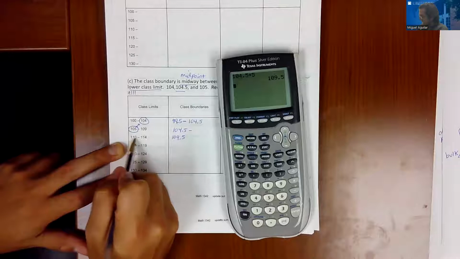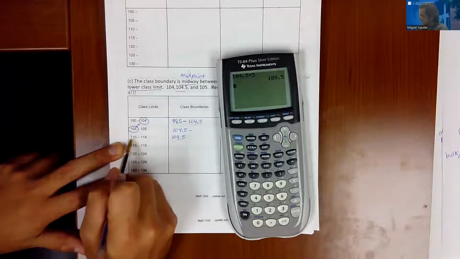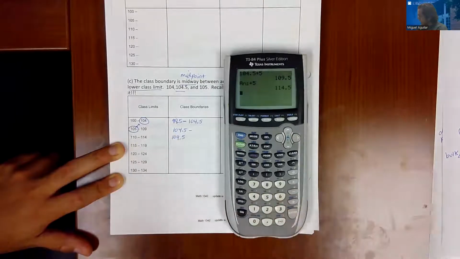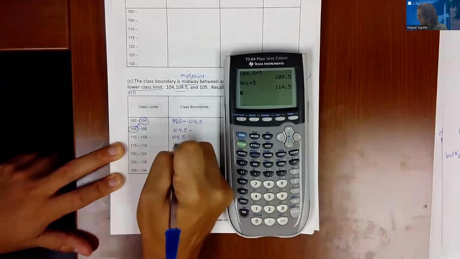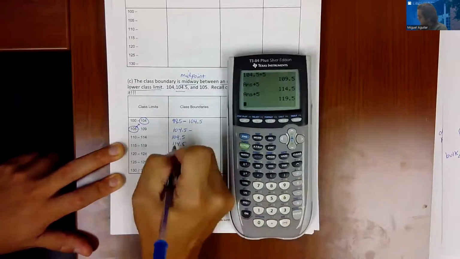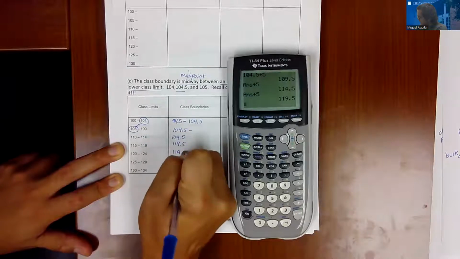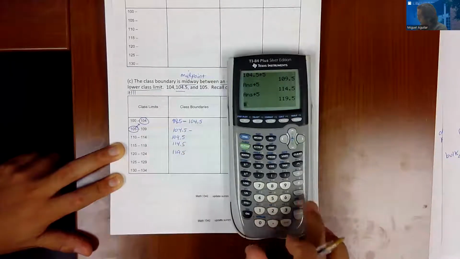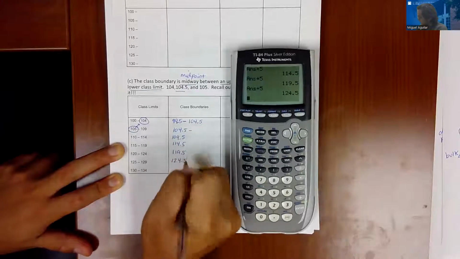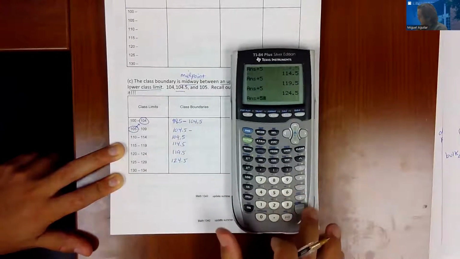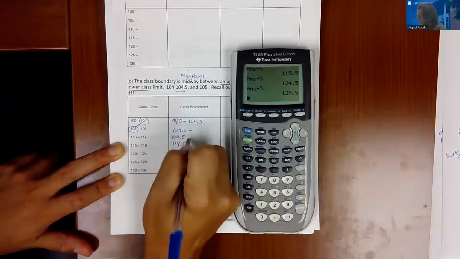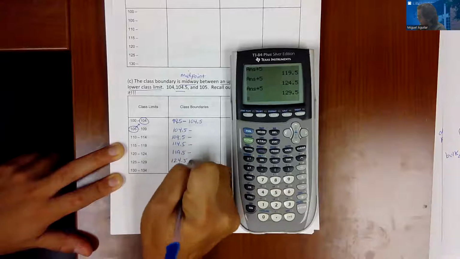And that's 0.5 less than 110. And we can add 5 to that to get the next one up, which is 114.5. Add 5 there, get 119.5. Add 5 there. But you might already see the pattern and be able to figure this out more quickly. Those are all of our lower boundaries.